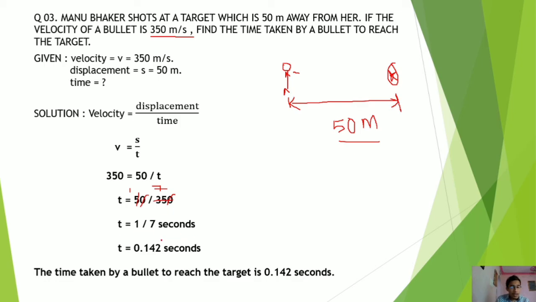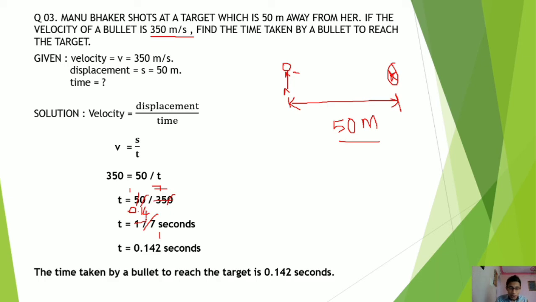You can stop your numerical at this point or else you can divide it further. So 7 ones are 7, 7 zeros are 0. Then point. Then we get 10. So 7 ones are 7. Now 3 left, so we get 30. So 7 fours are 28.